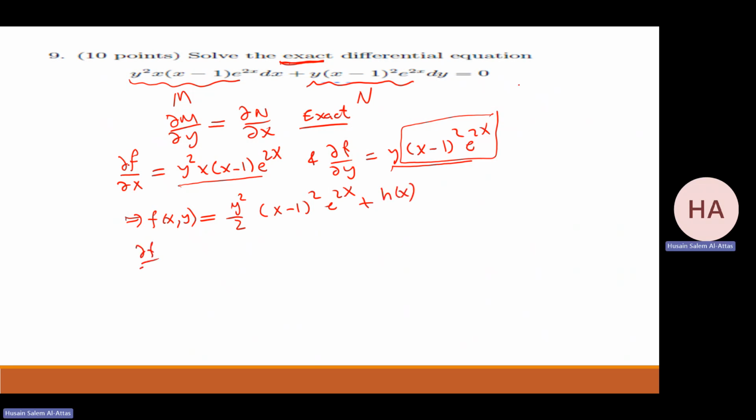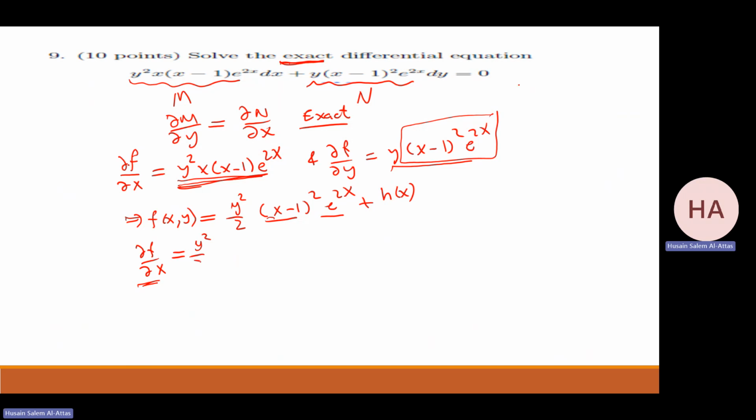Now partial f with partial x will be what? I'll do the derivative with respect to x and equate it with this one. I have a product rule here. Let me do it in steps.